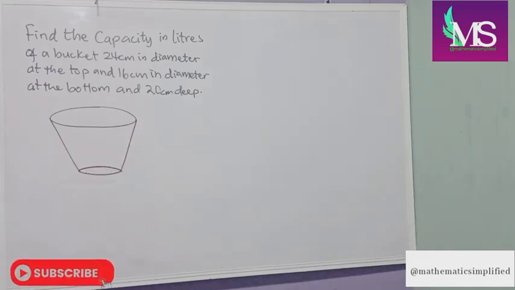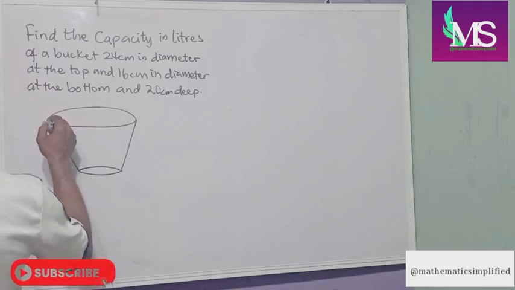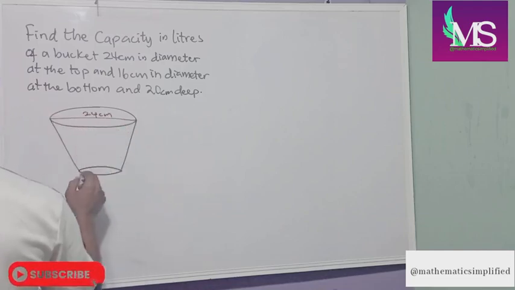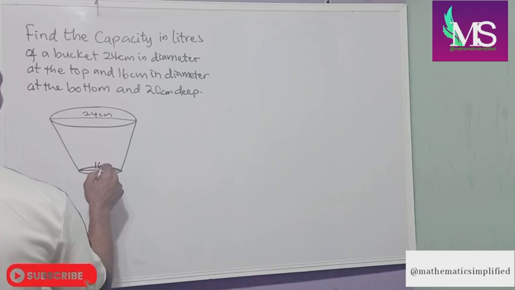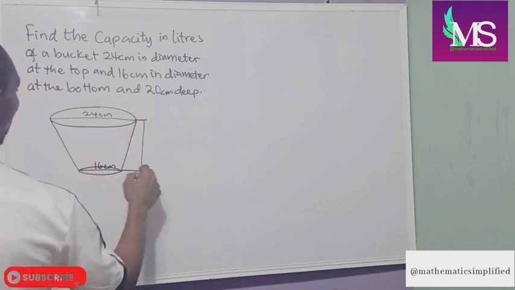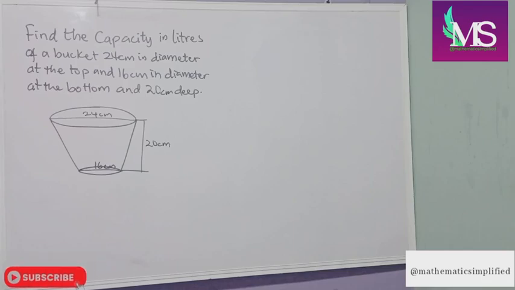These are typical buckets. They said it's 24 cm in diameter at the top and 16 cm at the bottom. The depth of this bucket is 20 centimeters.